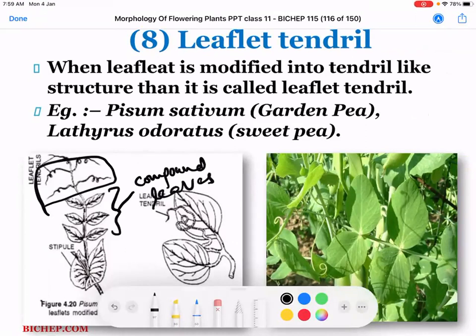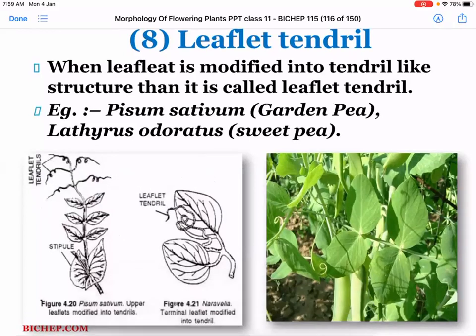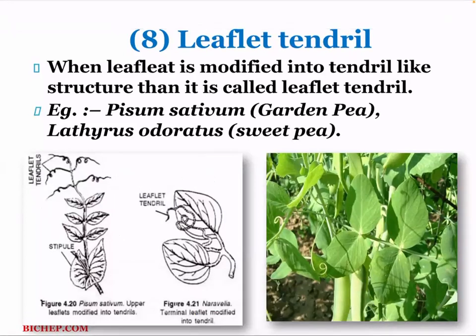At the top, 1, 2, 3, 1, 2, 3, so a total of 5 leaflets are converted into tendrils. That's why it is called leaflet tendril. Take the screenshot.